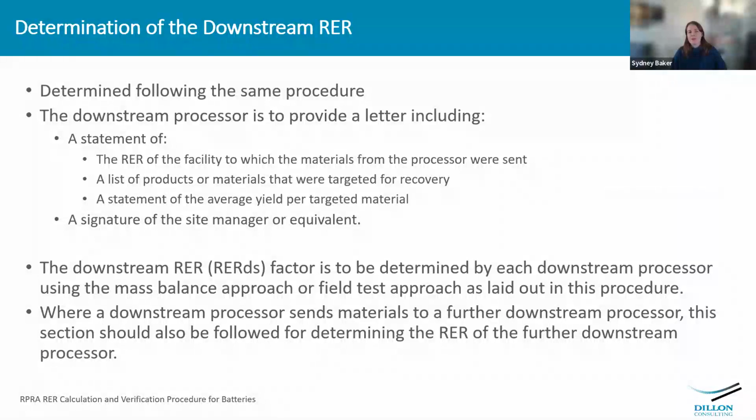And then the downstream processor would provide a letter to the processor determining their RER that includes a statement of the RER of the facility that the materials were sent to, a list of the products, a statement of the average yield for targeted materials, and a signature of the site manager or equivalent. So the downstream RER is going to be determined by each downstream processor using the mass balance or field test approach.